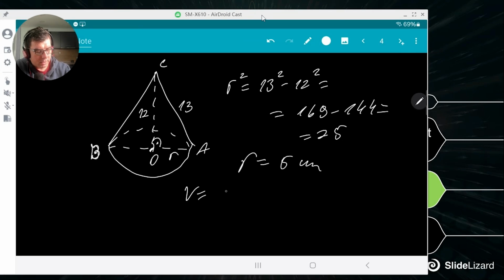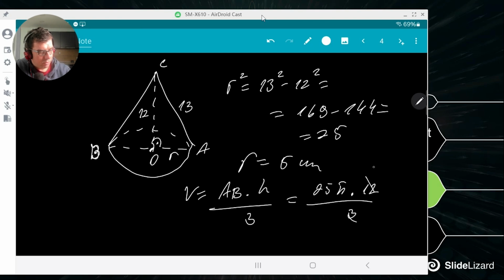The volume is the area of the base times the height divided by 3. So the area of the base would be pi r squared. 5 squared is 25 pi times the height 12 over 3. Reduce 12 with 3, we get 4. 4 times 25 is 100 pi centimeters cubed, and that's the answer.